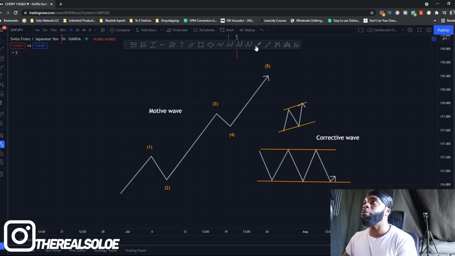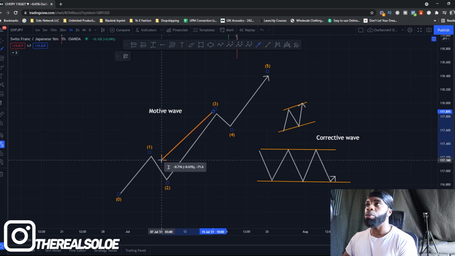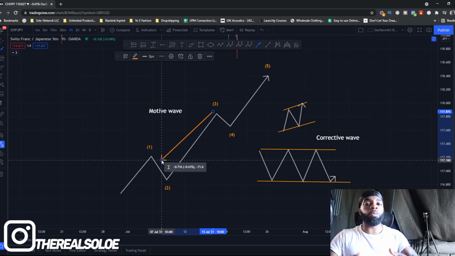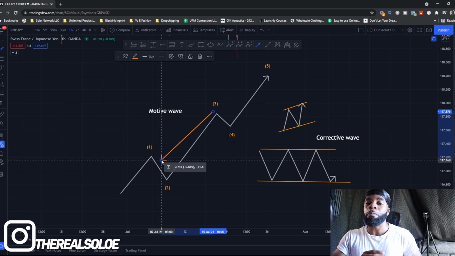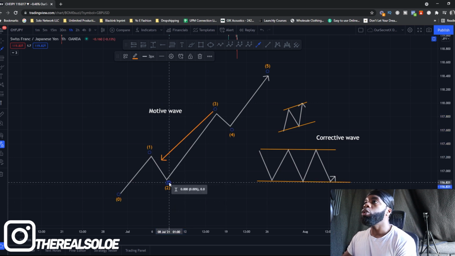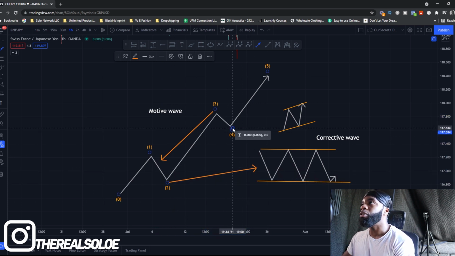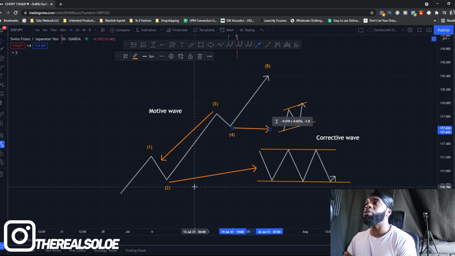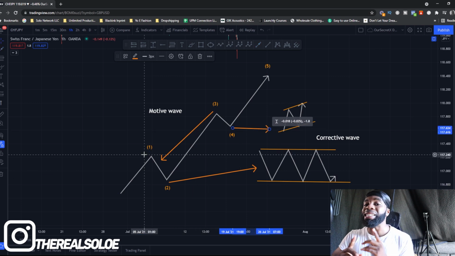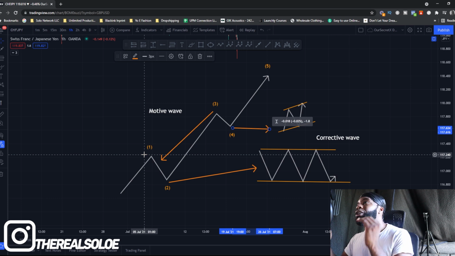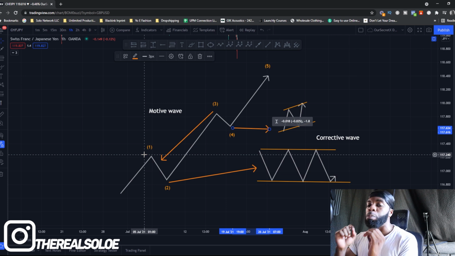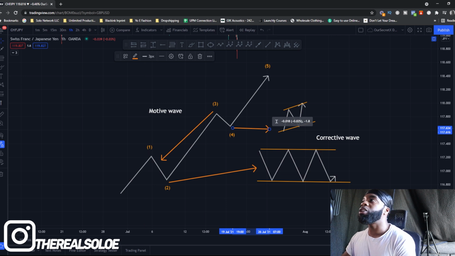After you get wave 1, you will get what we call wave 2. A lot of you guys say retracement, pullback, consolidation. That's basically what wave 2 is. So inside of wave 2, you will have what we call a corrective wave. A corrective wave could be measured as either an ABC leg or an extending corrective wave, which is known as an ABCDE leg. So inside of these two pullbacks, you're going to see corrective waves.